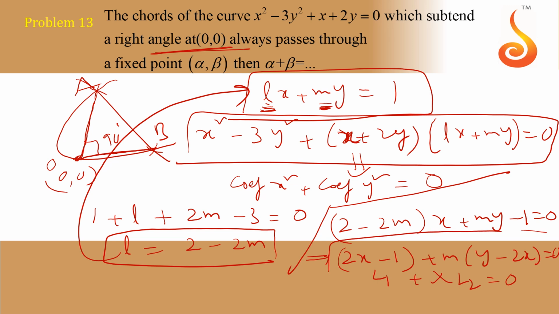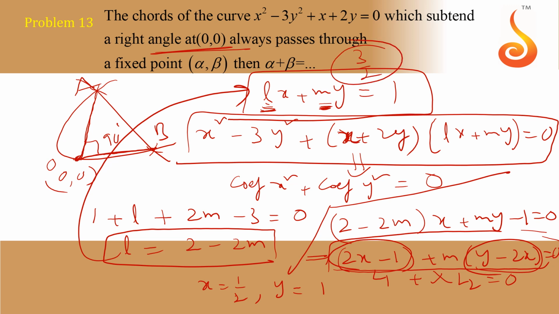All the chords, which are subtending 90 degrees, must pass through a fixed point because it's a concurrent system. And what will be the concurrent point? Point of intersection of L1 equal to 0 and L2 equal to 0. So what is the point of intersection? x equal to 1 by 2 and y equal to 1. So this is alpha, this is beta. Alpha plus beta you can calculate.